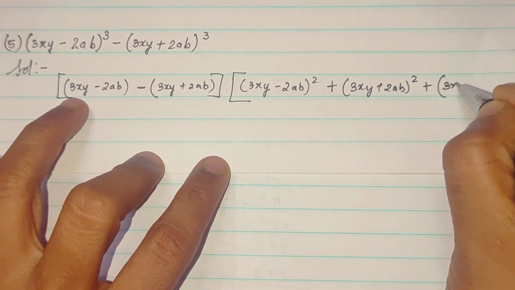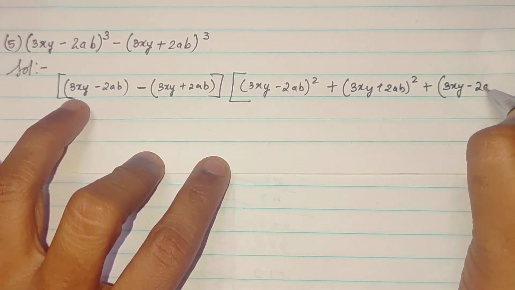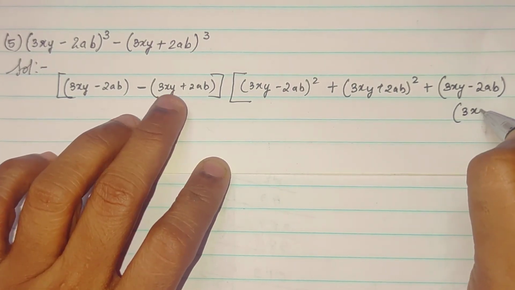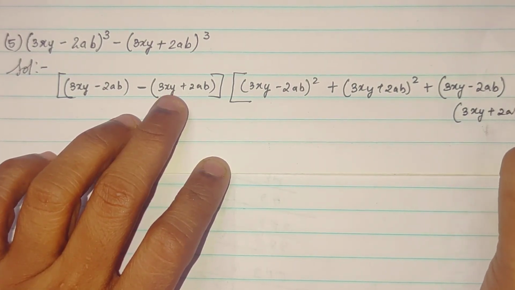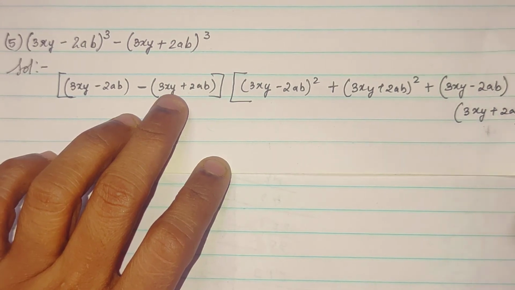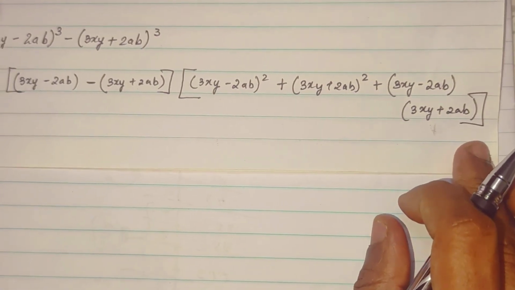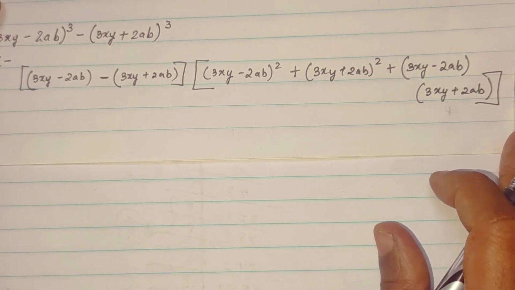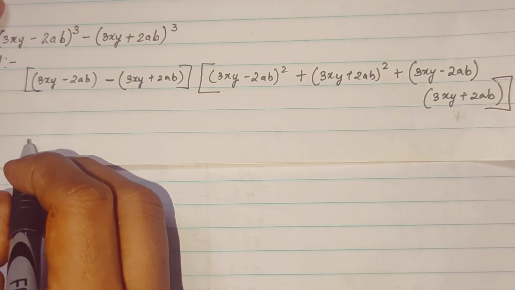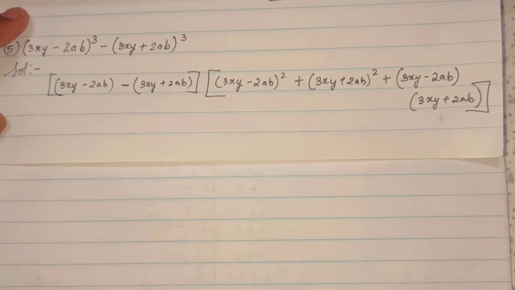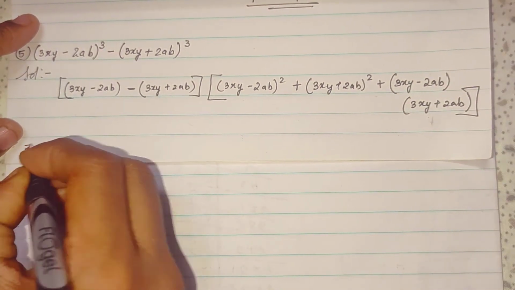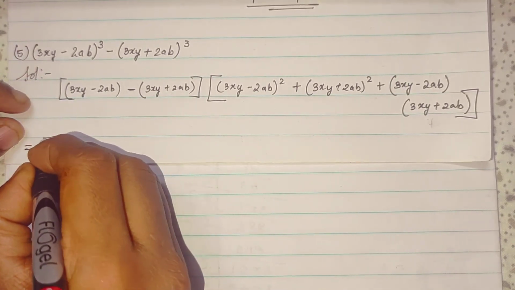So ये जो दो टर्म हैं, into b. Okay. So this is the splitting of the formula. Now further we have to solve. So here only the bracket will open.